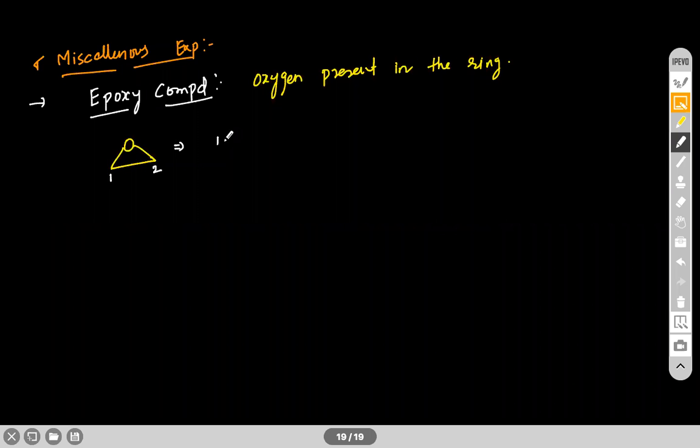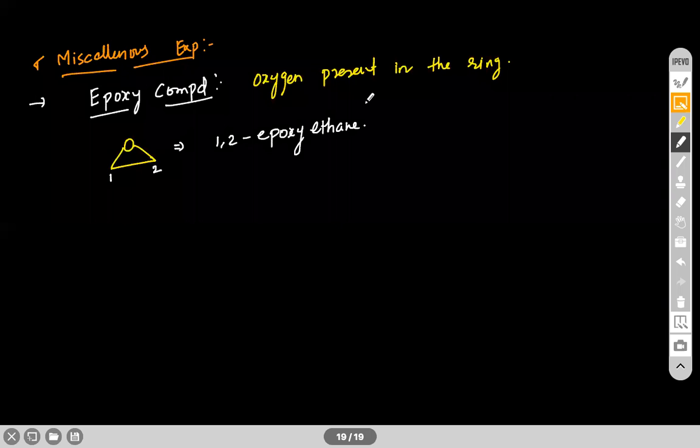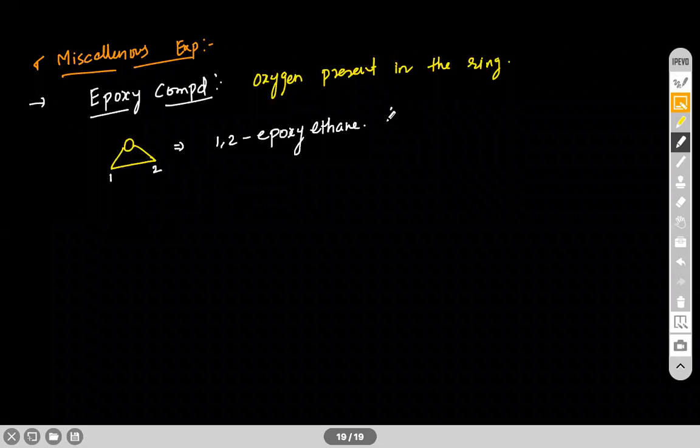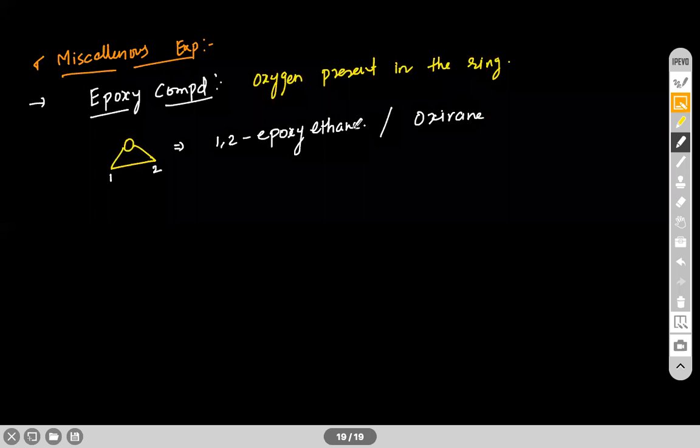So we call it 1,2 epoxy ethane. Is it clear? 1,2. How do we write down the name of this? 1,2 epoxy ethane. This compound we also call oxirane. Oxirane is also fine. Must keep this in mind.